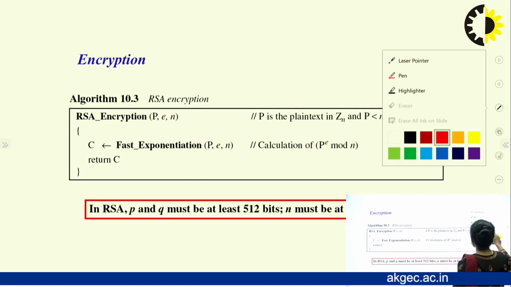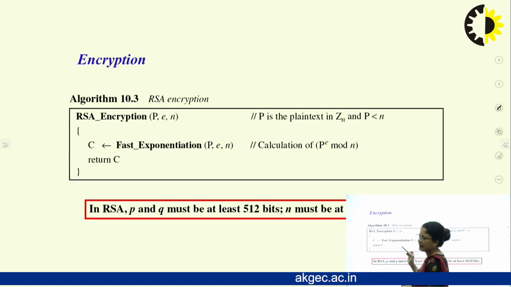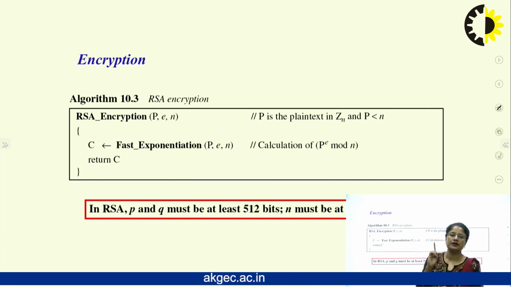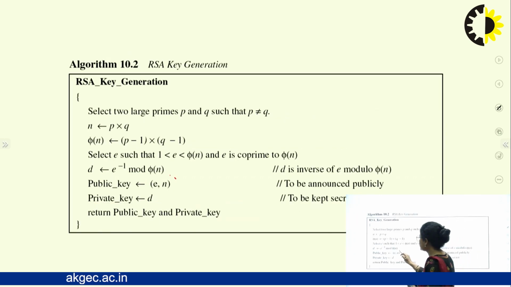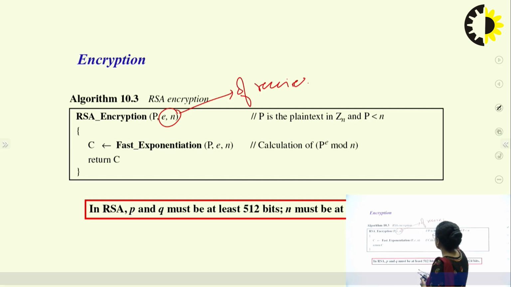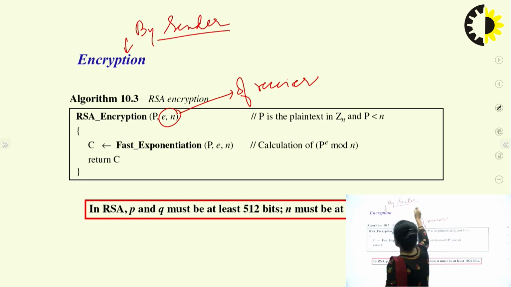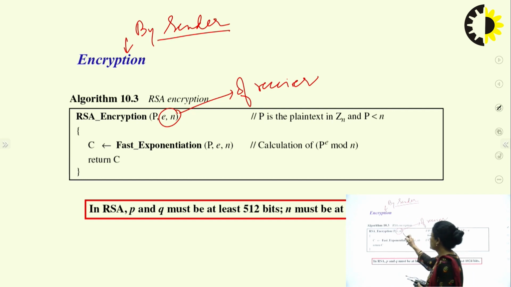RSA encryption works on the logic that, as I told you, encryption is done at the sender's unit, and the sender needs the public key of the receiver. As we said in the previous slide, the public key is E and N. So E and N of the receiver are being used by the sender. This encryption algorithm is executed at the sender's end, and this key will be used.